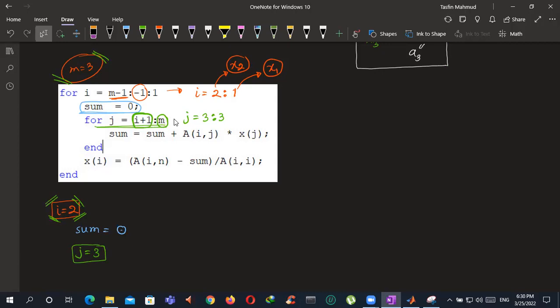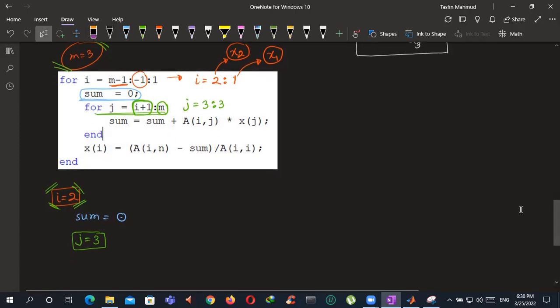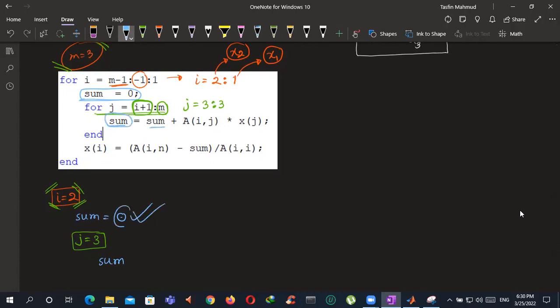So inside this loop, we are updating the value of the sum variable with the previous sum value. Previously sum was 0, right?